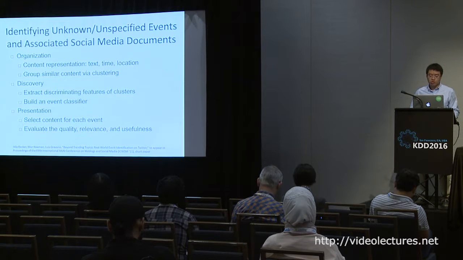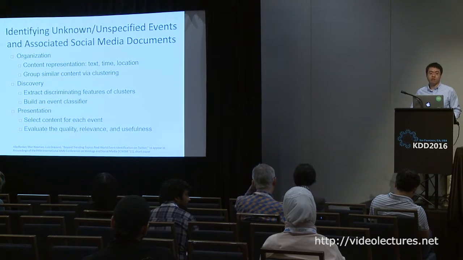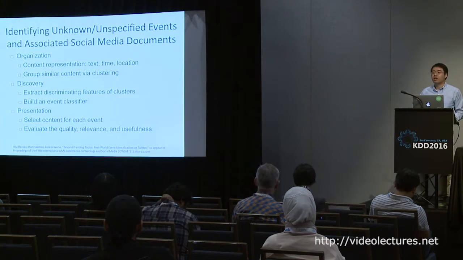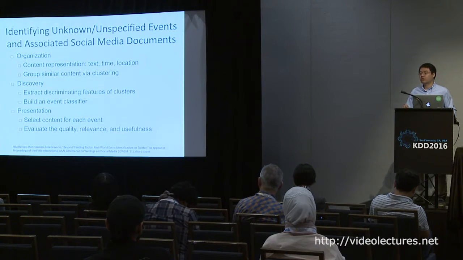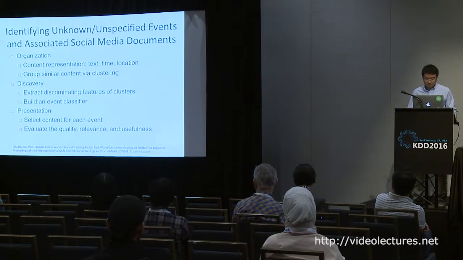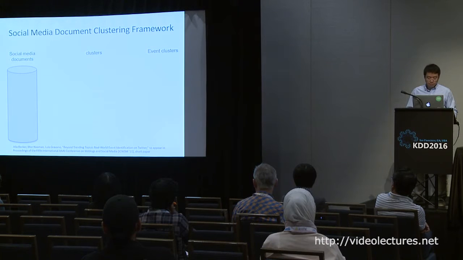The first one is to organize the content and extract the features. The second one is to group the features together into event clusters using clustering. And the third step is to label or infer whether each cluster is about an event or not. Okay, so let's look at a conceptual model of the event detection workflow.